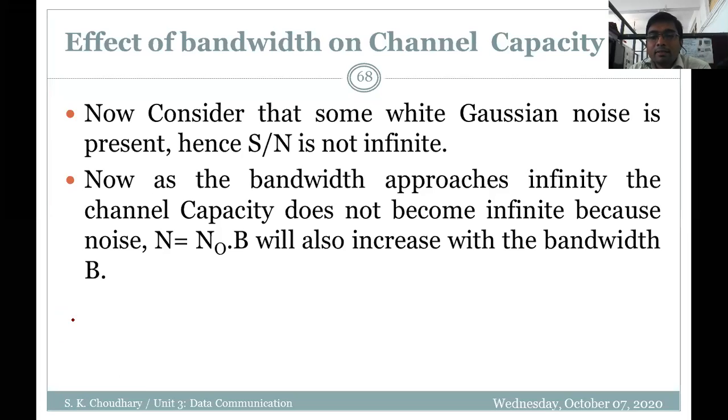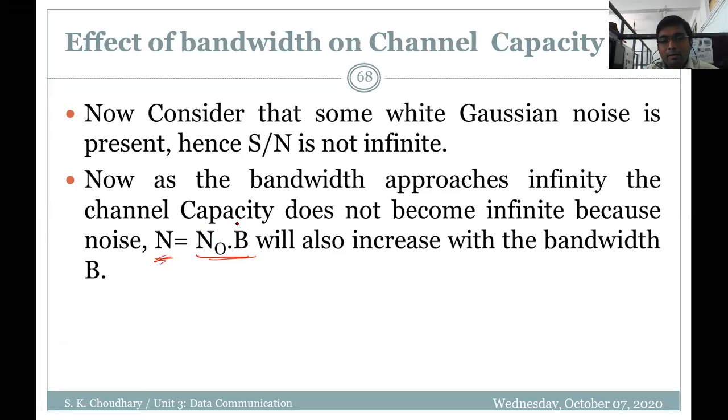Then we see that as bandwidth approaches infinity, channel capacity does not become infinite because noise power, which we have already defined as N equals N naught into B, also increases with the bandwidth. In the formula of the noise power, N naught B, noise power spectral density into bandwidth, contributes to the noise power.